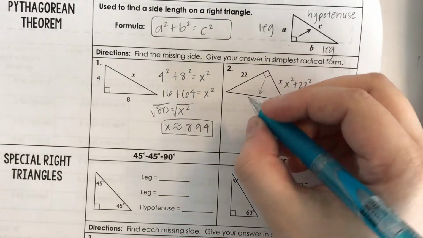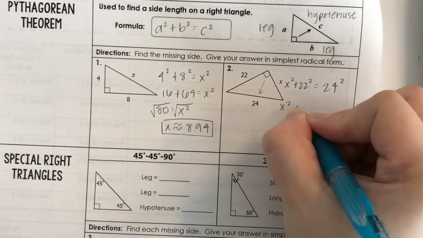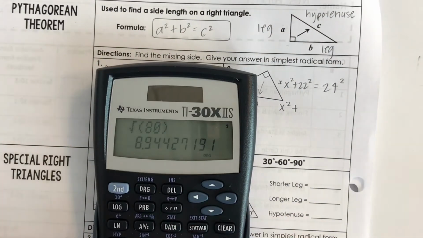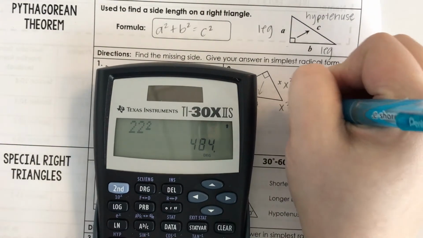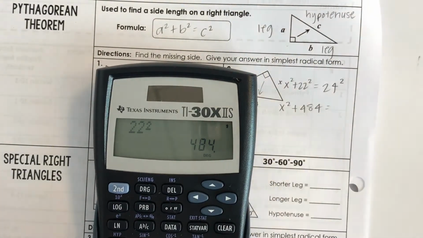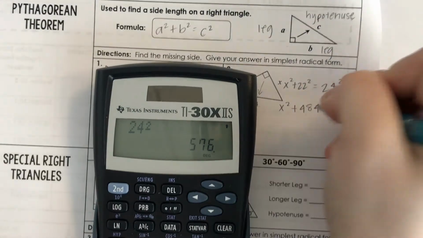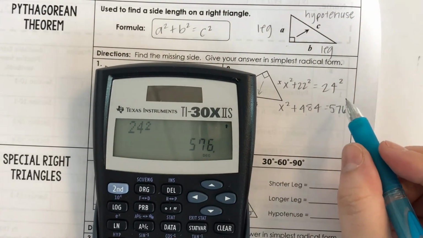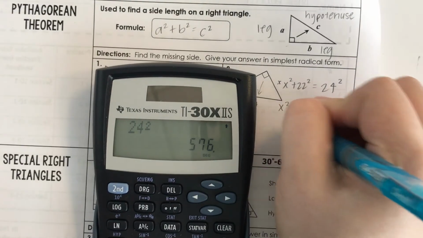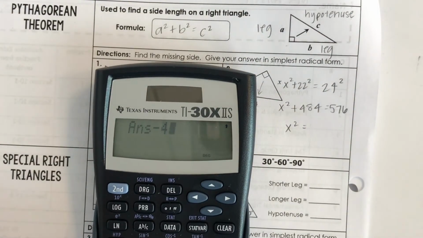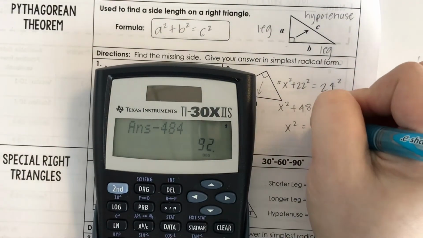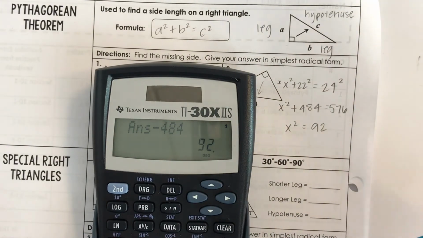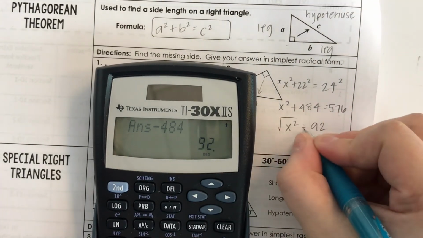Okay, so we have x squared plus, 22 squared is 484, equals 24 squared, which is 576. So we need to subtract 484 from 576, 92. Okay, then we take the square root.